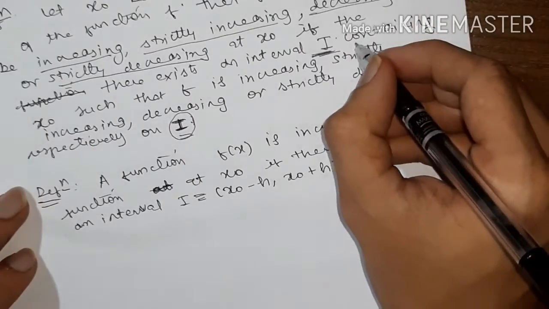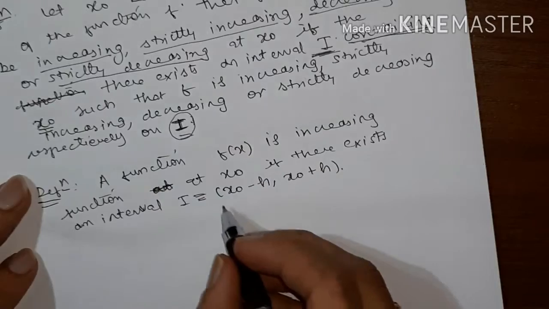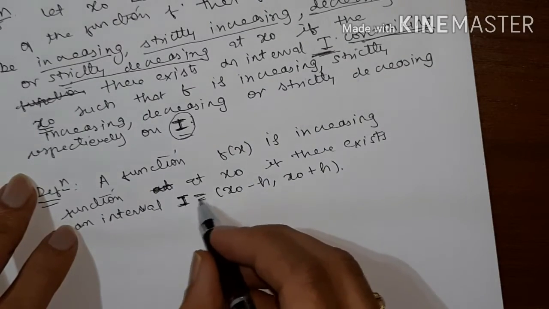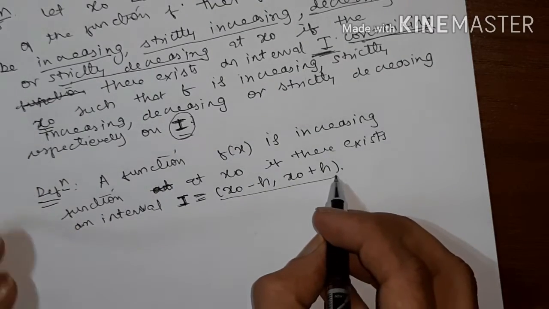See, interval I containing x naught, so the interval I can be written as x naught minus h comma x naught plus h.